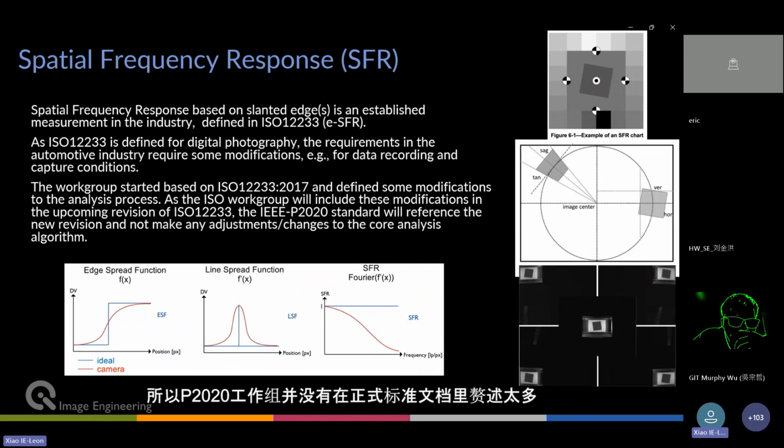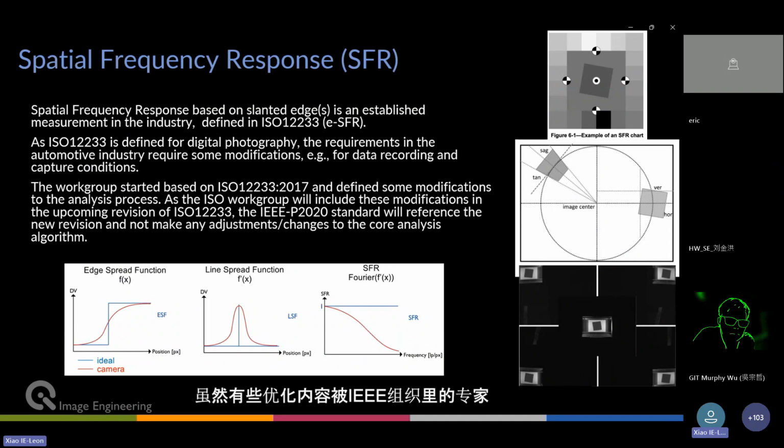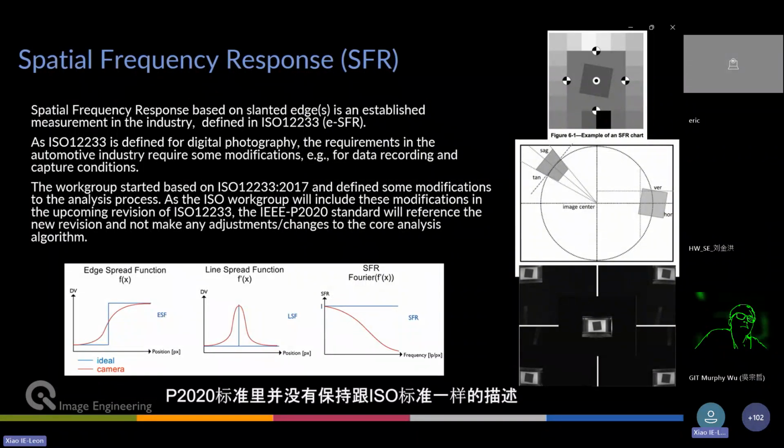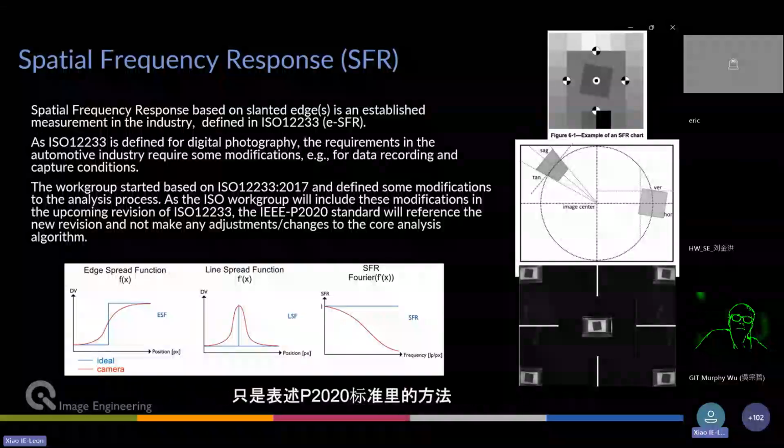So that's why the P2020 references the ISO standard and does not describe certain modifications to that anymore, even though it was already identified by the experts in the IEEE committee that these findings and these modifications are useful, especially for the automotive application.